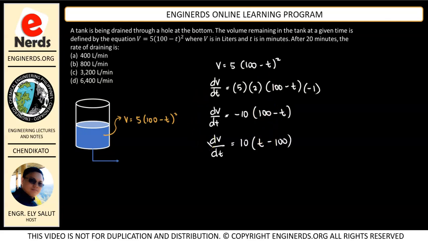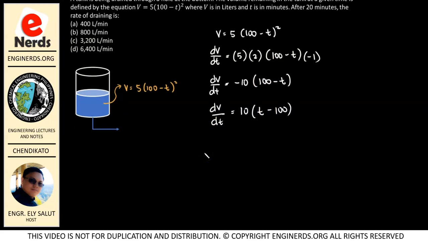So this is after I multiply yung negative 1 dito sa loob ng ating parenthesis. Okay? So now we are asked kung ano ba yung rate after 20 minutes. So that means our time is equal to 20 minutes, right? So dV over dt is equal to 10 times our T is 20, then minus 100.